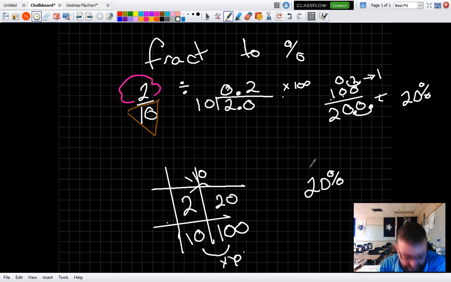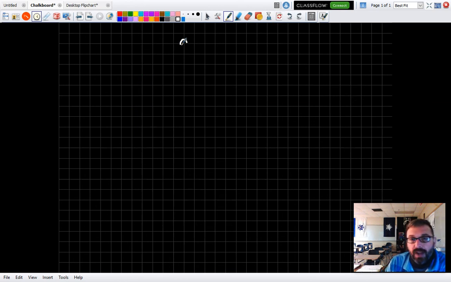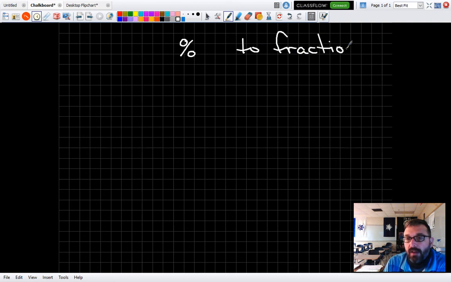Oh, and the last section, convert percent into a fraction. If you remember what percent means, this will be so easy. Easy, okay?